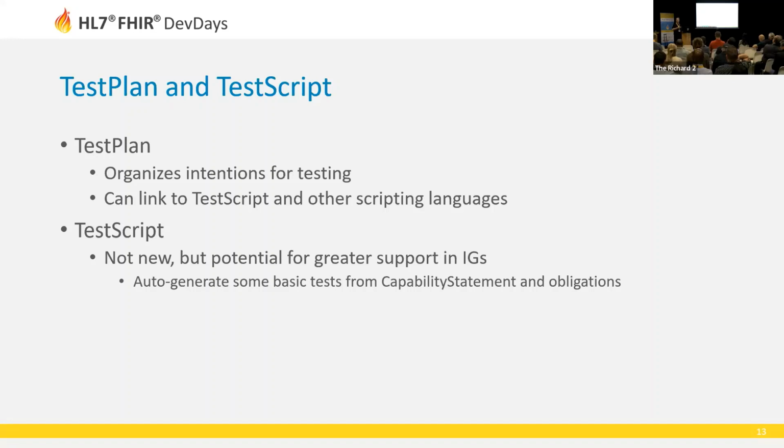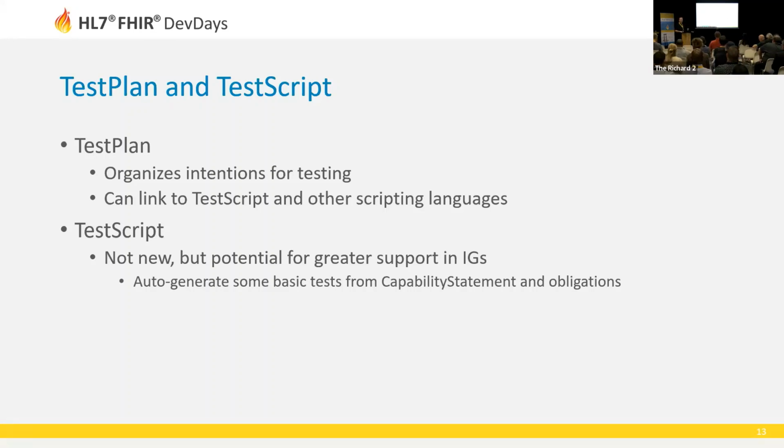And now with obligations, we ought to be able to start auto-generating at least some basic test scripts, in that we know what the expected behaviors are around certain elements. With a capability statement, we then know what operations you support, and we can start to automatically produce some basic test scripts for an implementation guide.